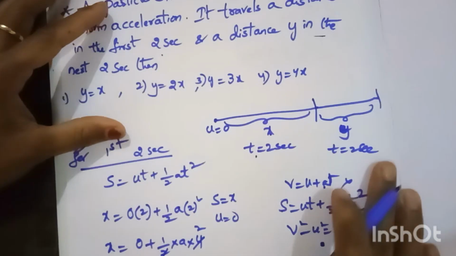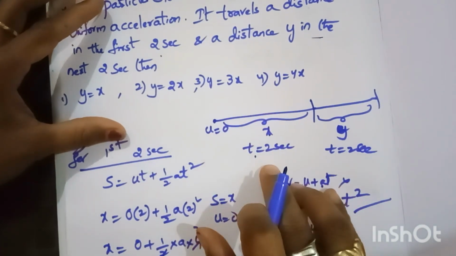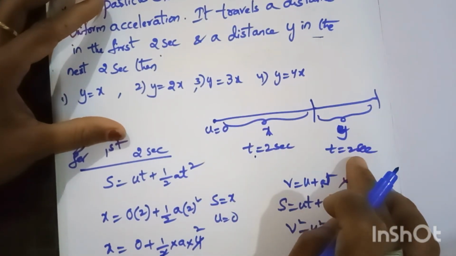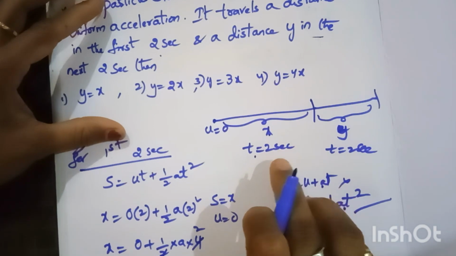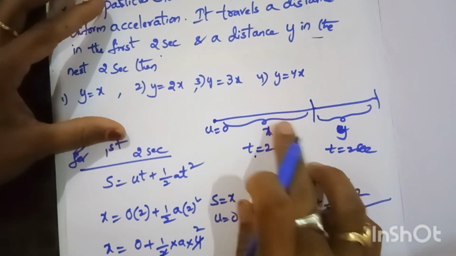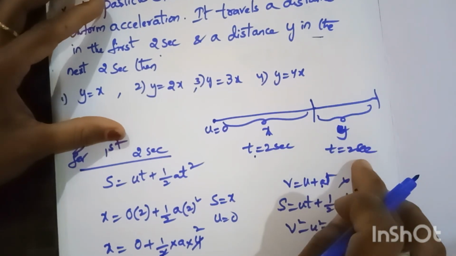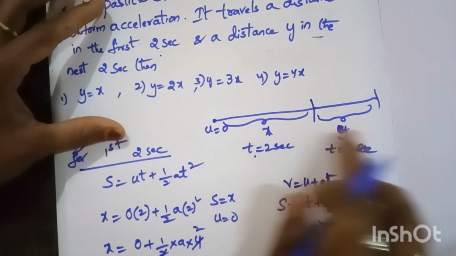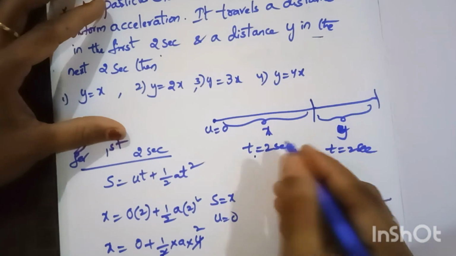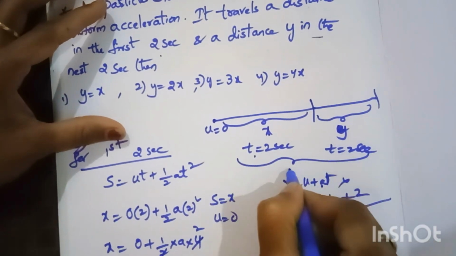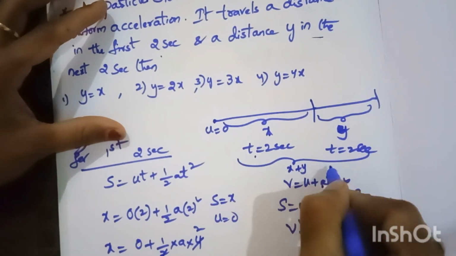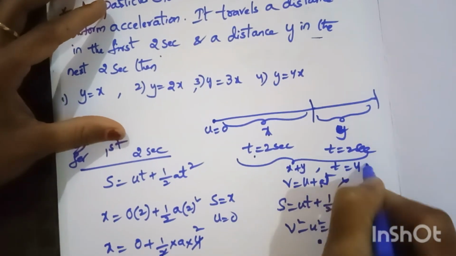Just remember that without the first 2 seconds we won't get the next 2 seconds distance. So for the next 2 seconds we are considering both distances and both times. So x plus y, and the time will be 4 seconds. Both times should be considered.